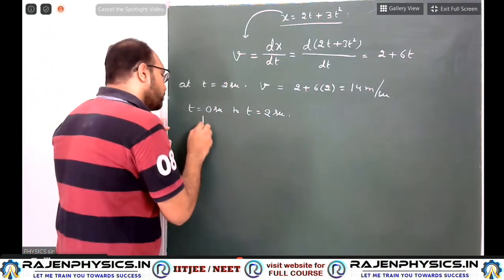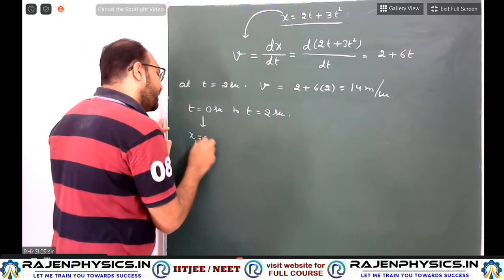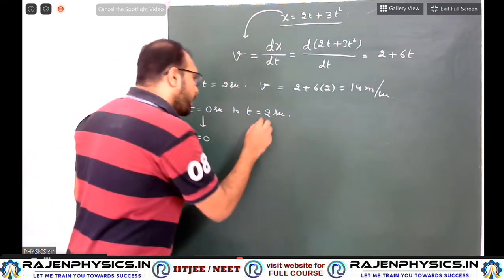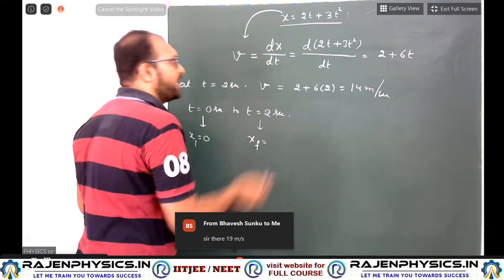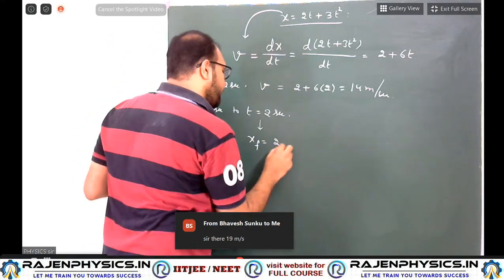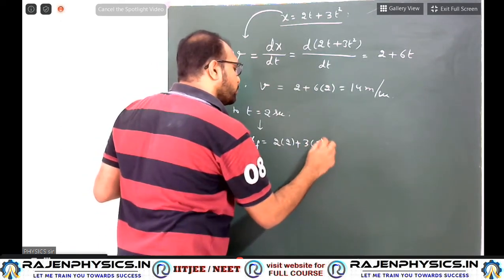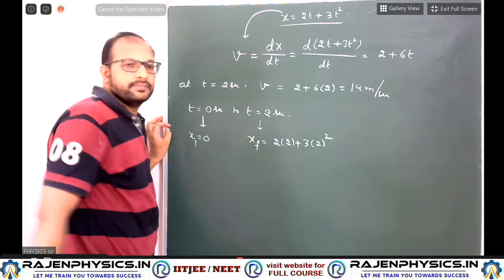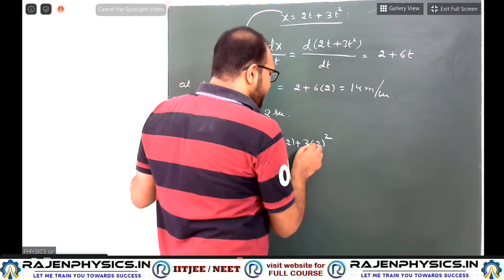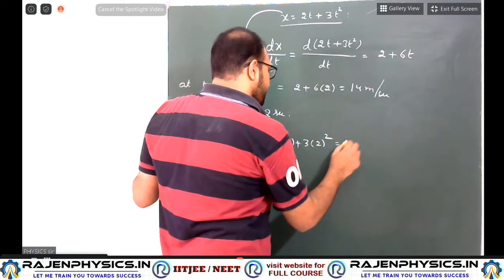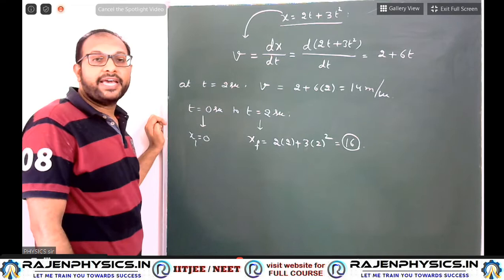At t equal to 0, the x location, that is the initial position, is also 0. Students, here at t equal to 2, x, that is the final location, is 2 into 2 plus 3 into 2 square. So 2 square is 4, 4 into 3 is 12, 12 plus 4 is 16. The final location is 16.